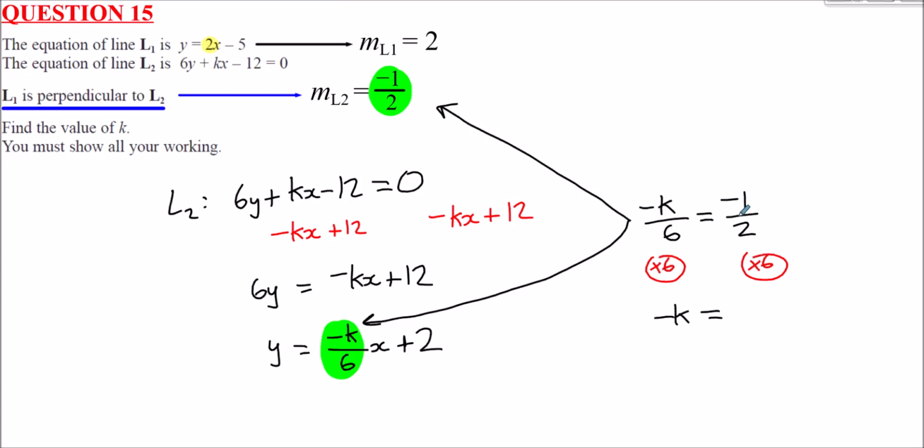So minus a half times 6 is going to be minus 3. If minus k equals minus 3, you can either multiply both sides by minus 1 or add k to both sides and add 3 to both sides, either or. We see that k must equal 3, and that's the value of k found.